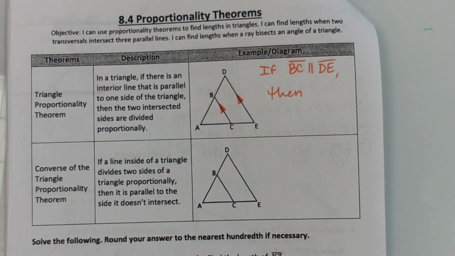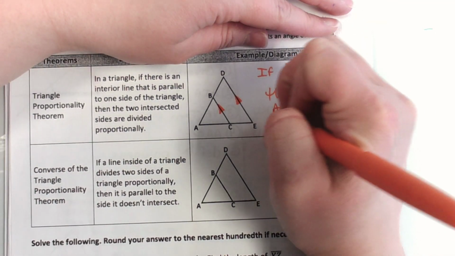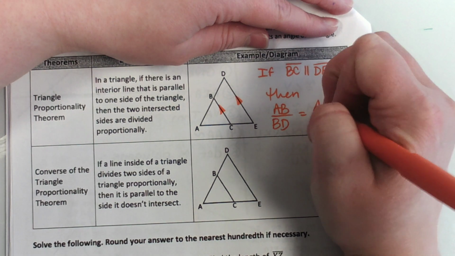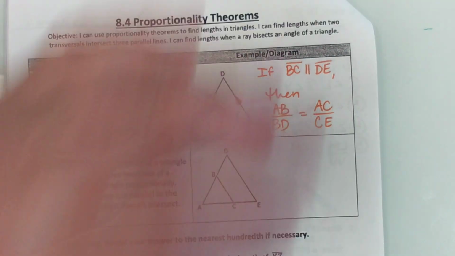So in other words, if I want to solve for things regarding a picture that looks like this, I don't necessarily have to do full side length of triangle over full side length of triangle equals another full length over the smaller triangle's full length. Instead, I can set up a proportion that looks like AB over BD equal to AC over CE.